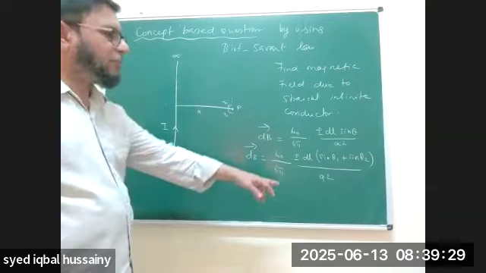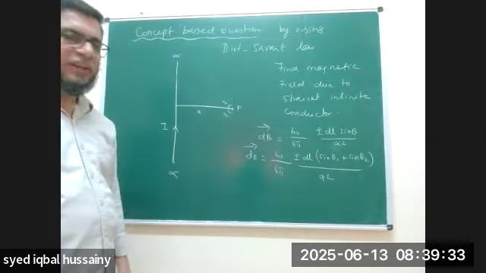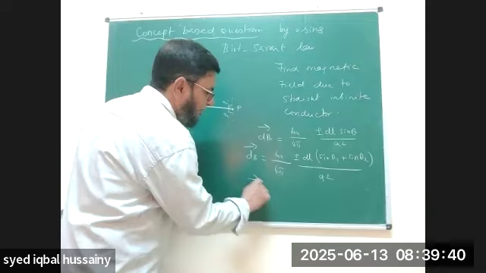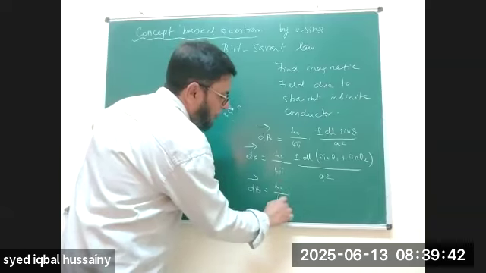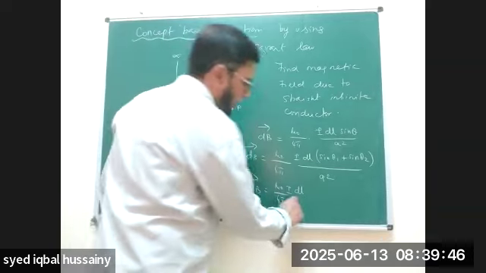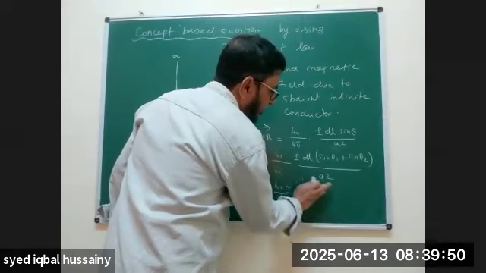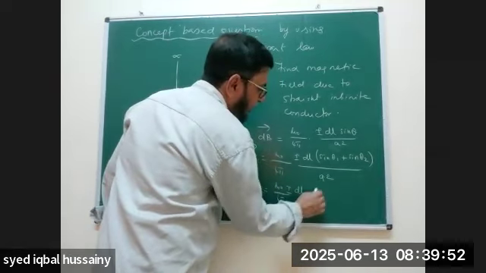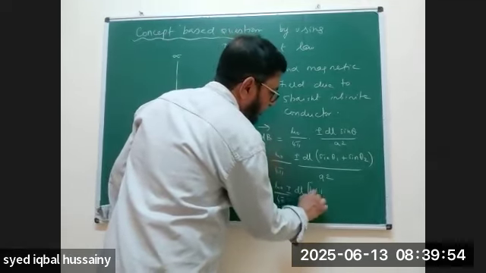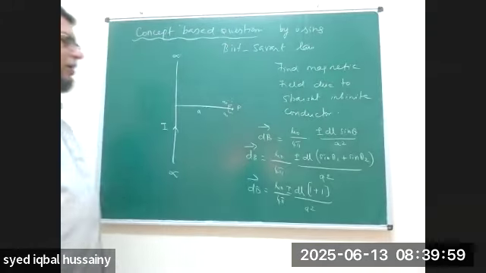If I substitute theta is 90, what is sin 90? 1. So dB will be equal to mu naught by 4 pi, I dl, sin 90 plus sin 90. Sin 90 is 1. So 1 plus 1, divided by a square.